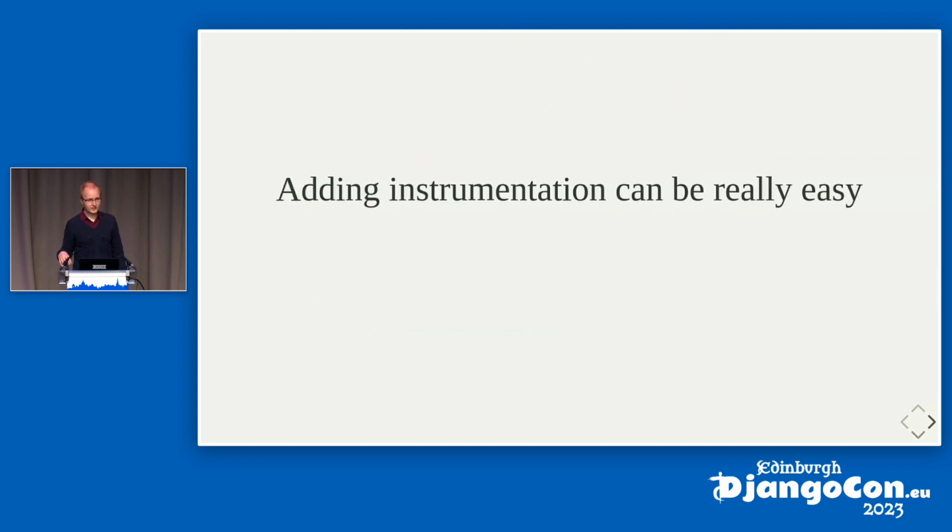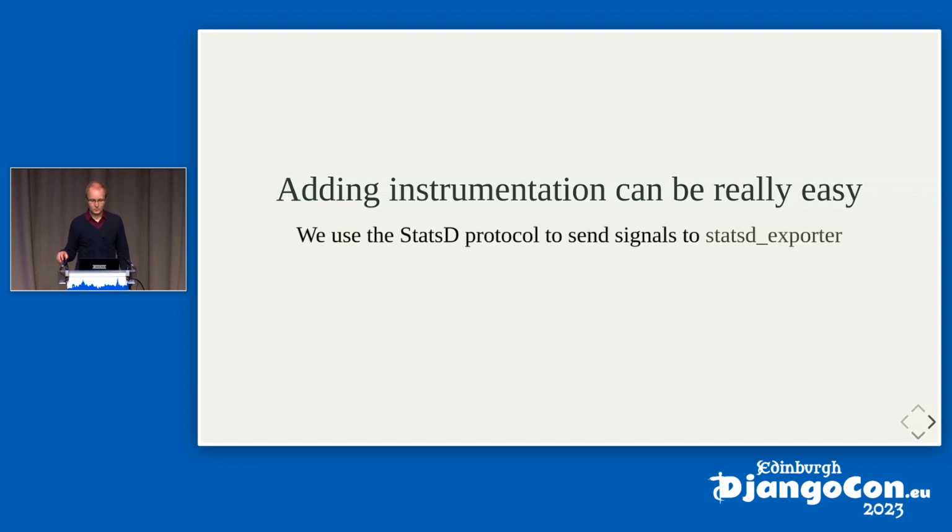And adding instrumentation to your software itself can be really, really easy. We use the statsd protocol in a piece of software that is called statsd exporter. Statsd exporter receives signals with the statsd protocol and then exposes them in the exporter format defined by Prometheus.